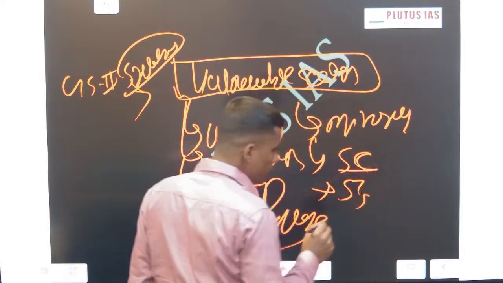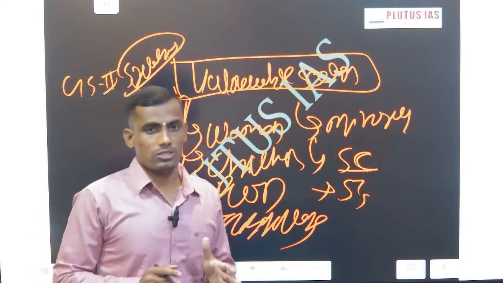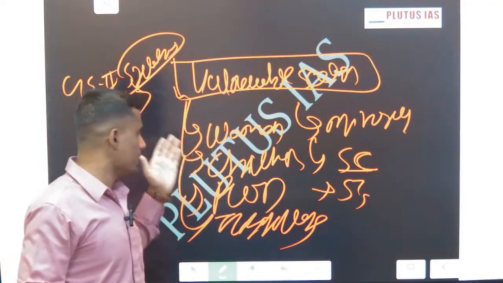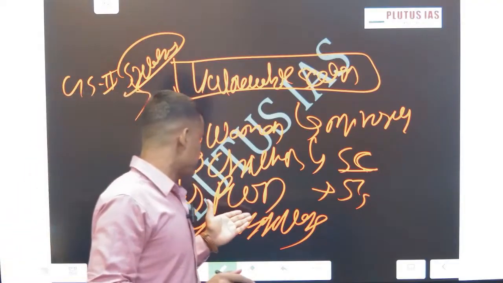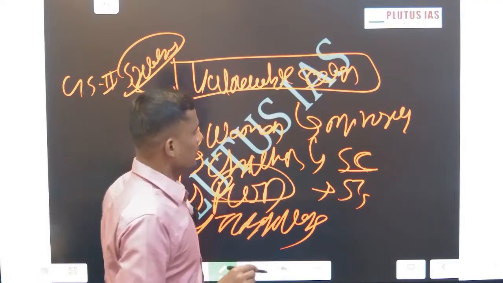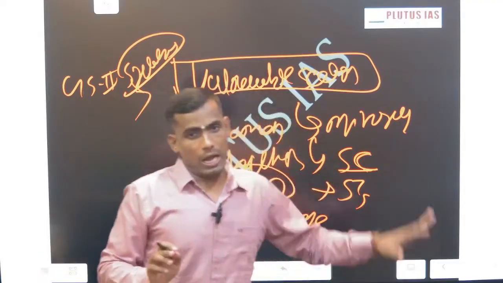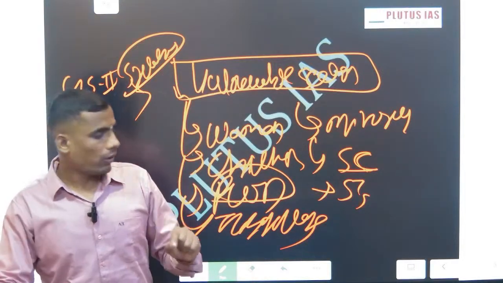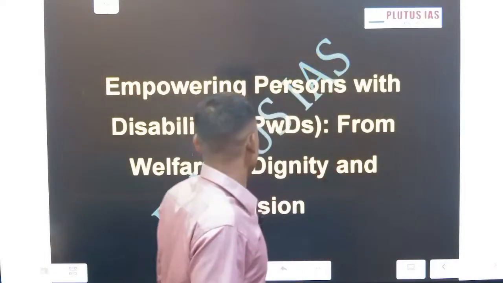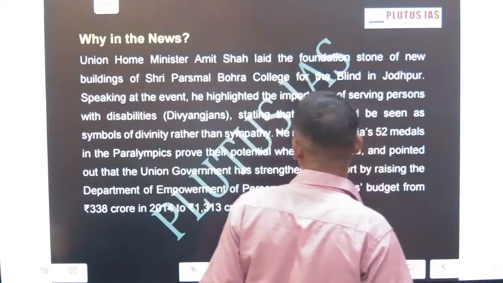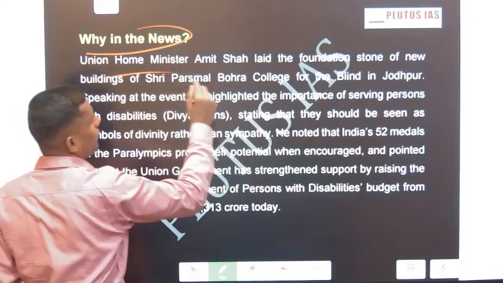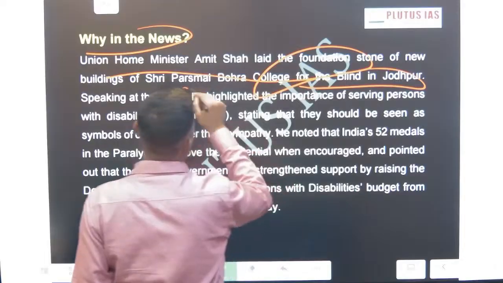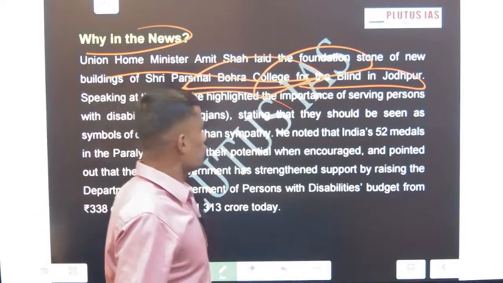So whenever you study the vulnerable sections, do study about these sections: women, children, transgender persons, then Divyangjans, then minorities, SCs and STs. Out of all these, today I am going to discuss only one section because of this reason: our Union Honorable Home Minister laid the foundation of a particular college in Jodhpur.